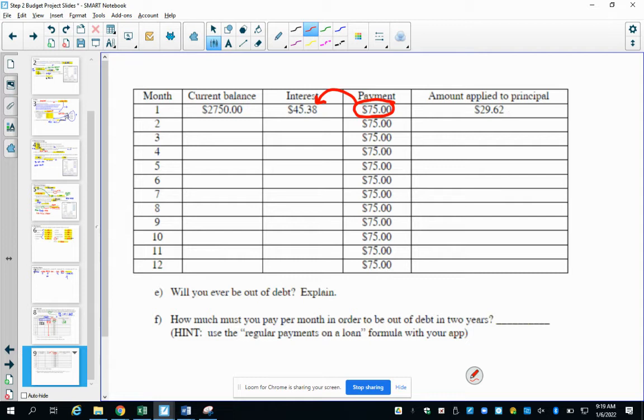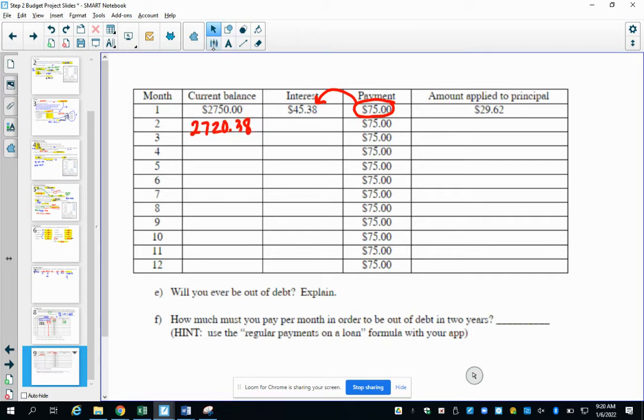So this is how much you actually made a dent in your balance. So when you do 2,750.76, you add in the interest and then you subtract your payment. Okay, you will end up with $2,720.38.